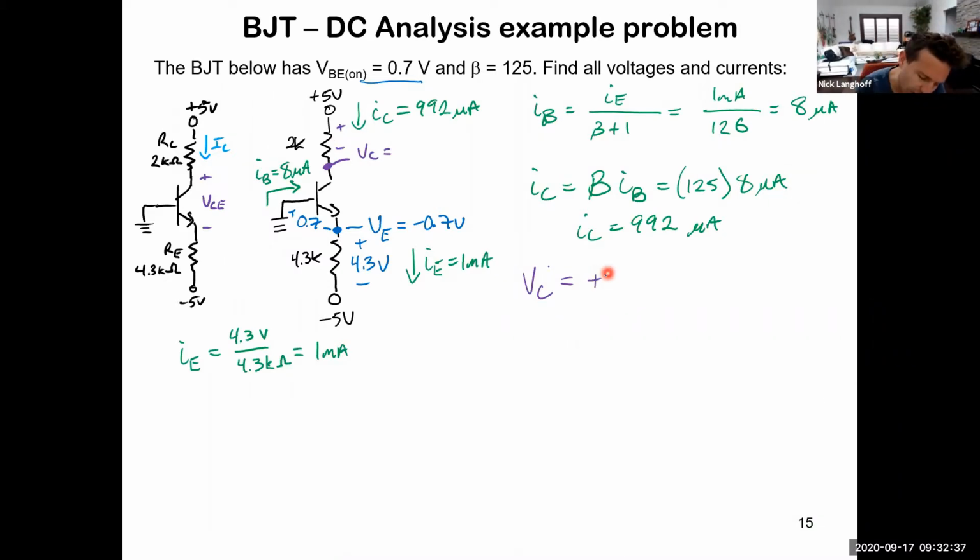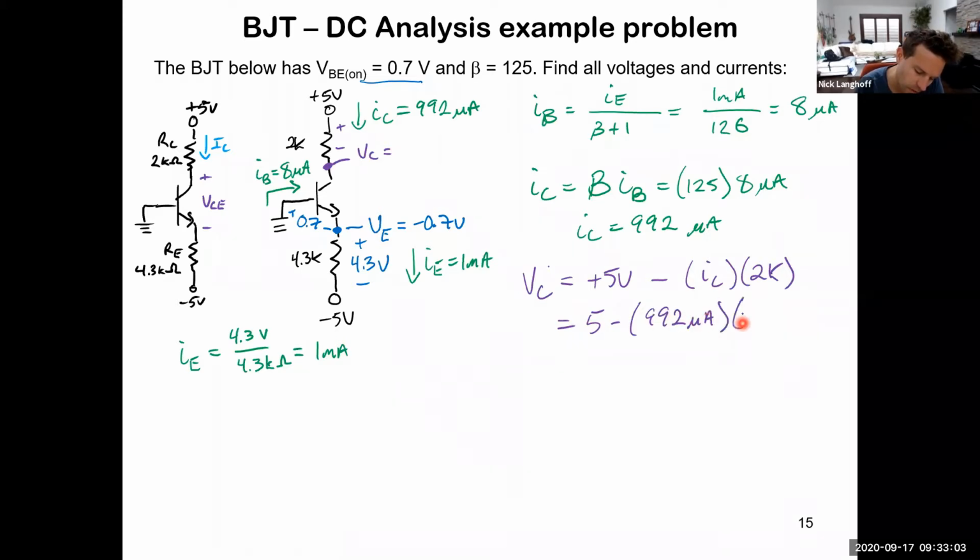So VC is plus 5 volts minus IC times 2K, or in other words, 5 volts minus 992 microamps times 2 kilo ohms. And we find that that is about 3 volts. VC is about 3 volts.